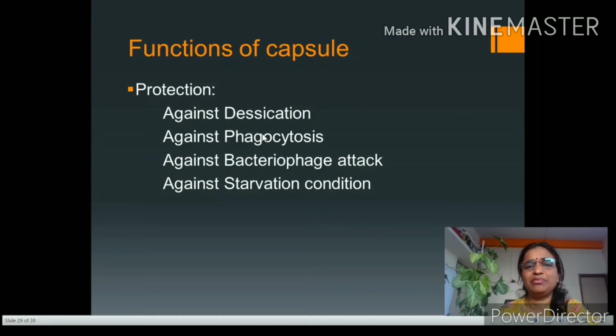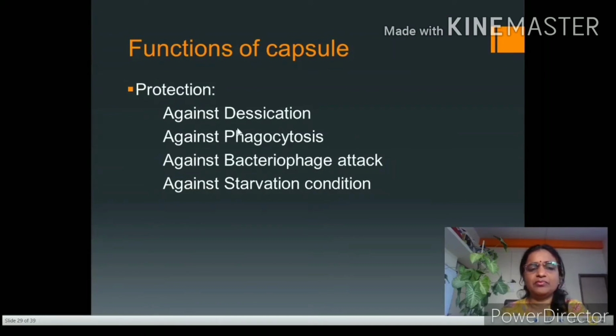Bacteria become slippery. As I told, the capsule is slippery. It gives a smooth or slimy nature to the cell, and these slippery bacteria cannot be phagocytized, cannot be engulfed by the WBC, and that is how these capsulated organisms can easily escape phagocytosis, and they can easily disseminate in your body and cause the disease. So that is the protection against phagocytosis.